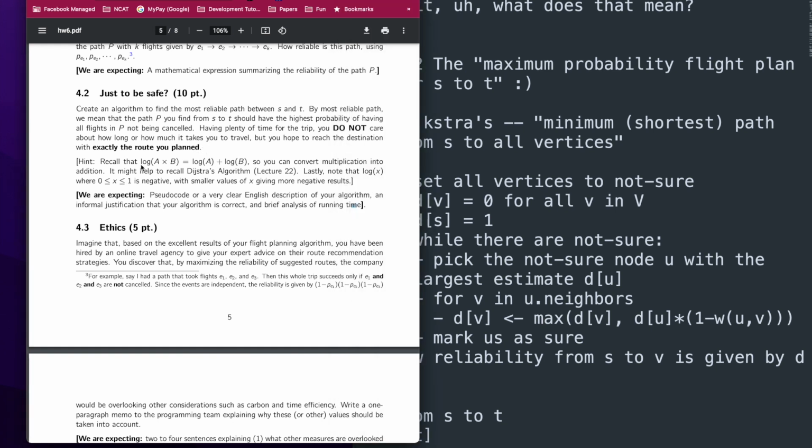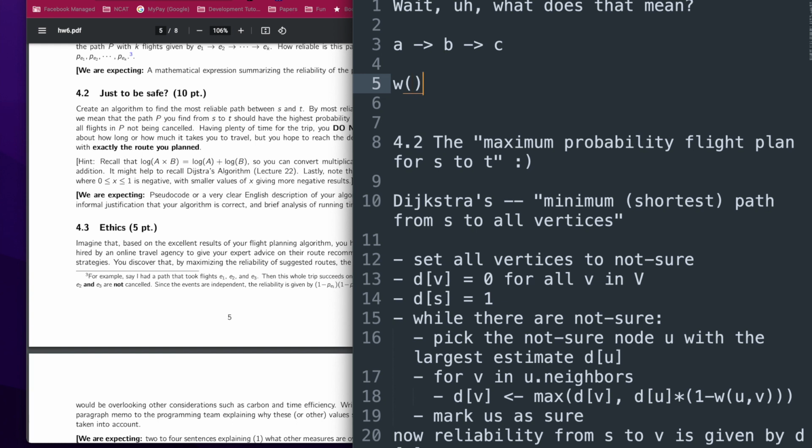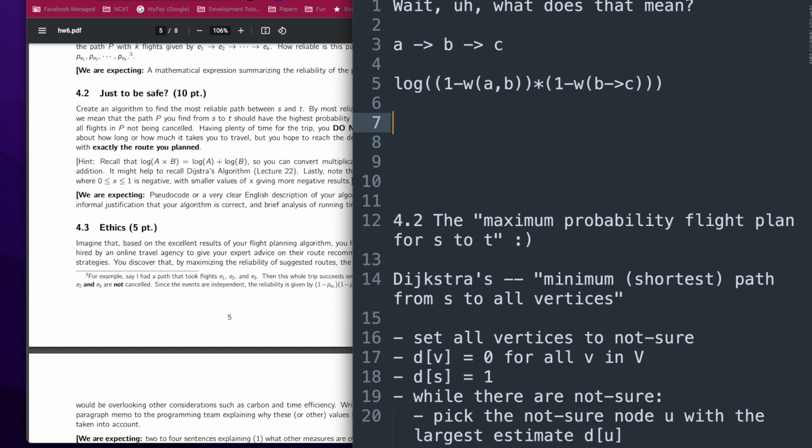So going back to this hint, if you spent a little bit of time thinking about it, you will notice that if we're going from A to B to C, then what we want to compute is 1 minus the weight from A to B times 1 minus the weight from B to C. And if you take the logarithm of this, you'll notice that it is equal to the logarithm of 1 minus the weight of A to B plus the logarithm of 1 minus the weight from B to C. So in a way, you can convert this multiplication.